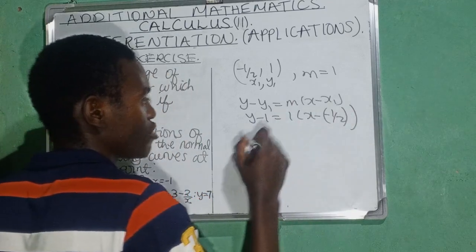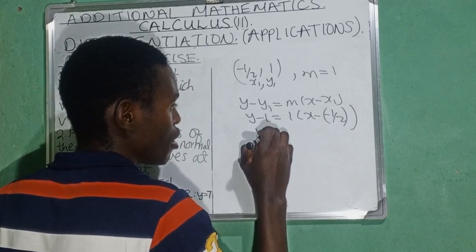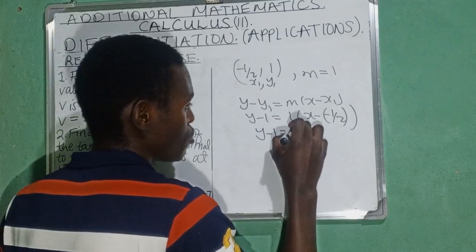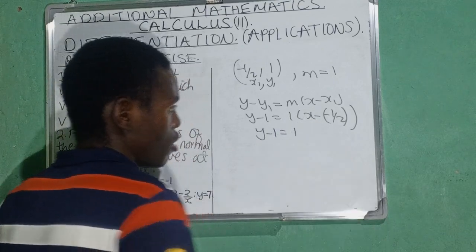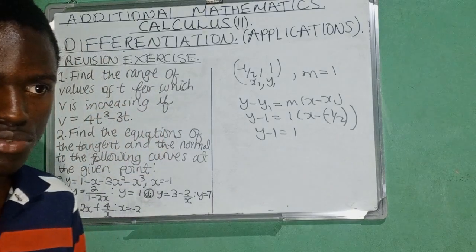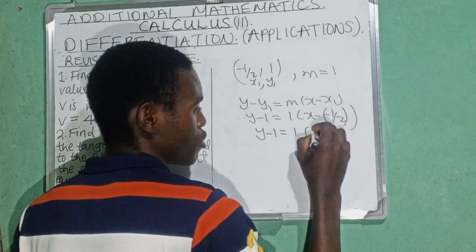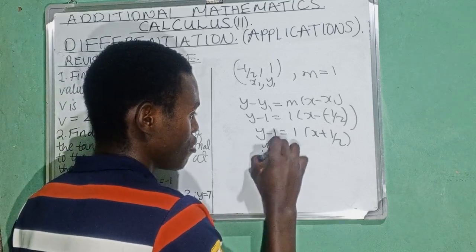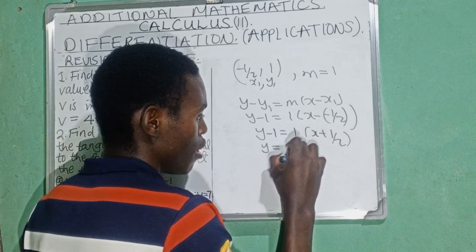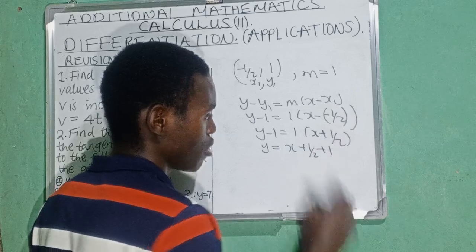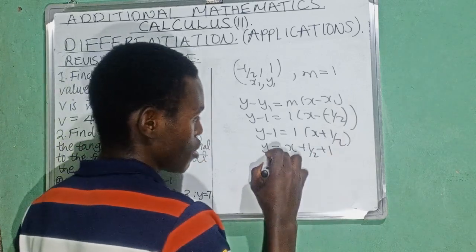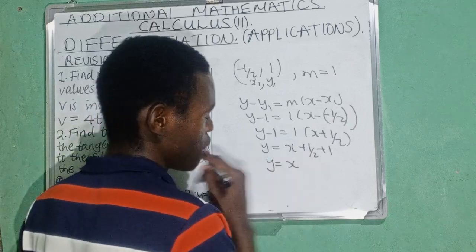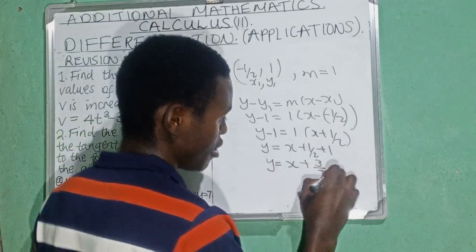So y minus 1 is equal to x plus 1 over 2. That becomes y is equal to x plus 1 over 2 plus 1, so y is equal to x plus 3/2.